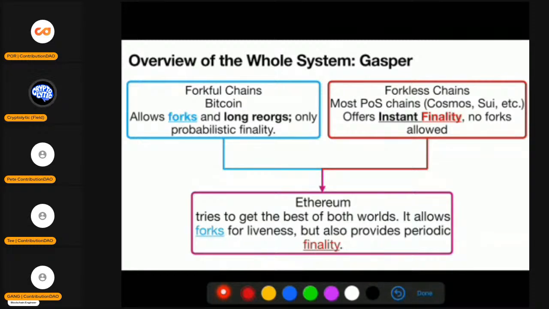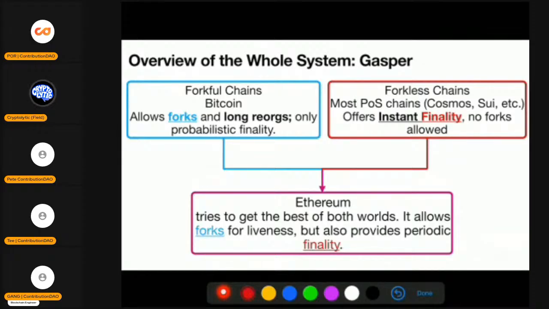So Ethereum also allows forks to happen, but unlike Bitcoin, it also achieves finality as well. In Bitcoin, we only have forks, and we can have a long reorganization or a long transaction reversal.